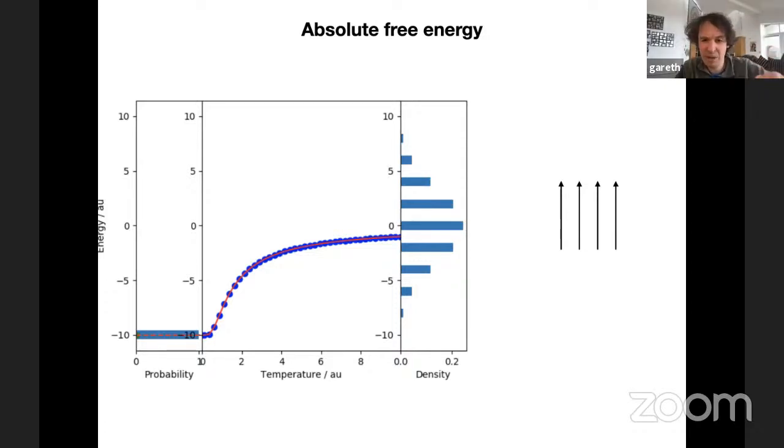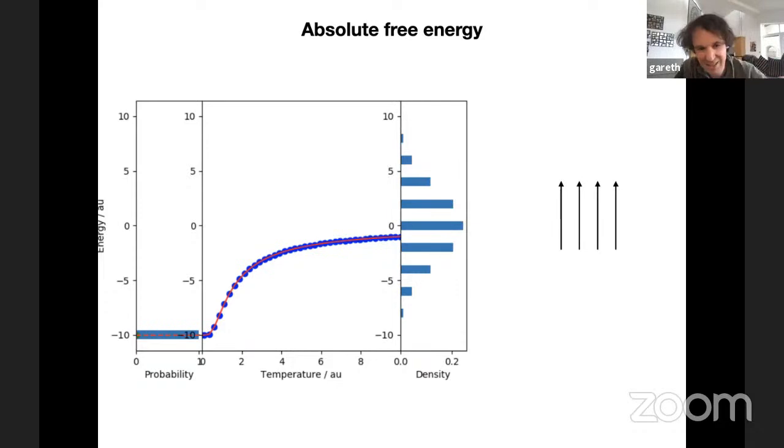The middle panel shows the average energy as a function of temperature for this particular system. The panel on the left shows the marginal probability distribution as a function of the energy for a particular temperature, indicated by the red line.